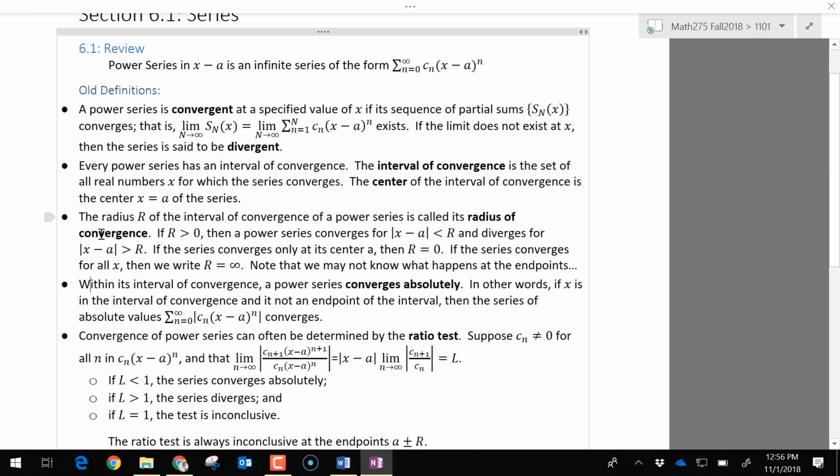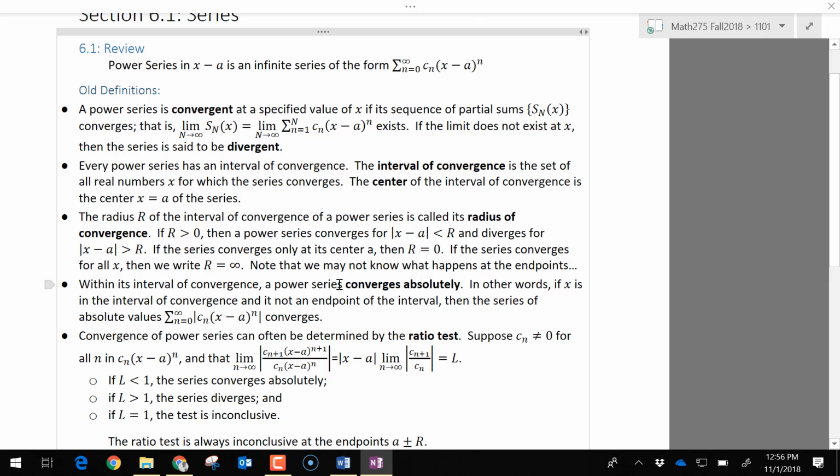So the interval of convergence. The radius of convergence is where this thing converges, and the interval of convergence is basically everything within the radius of convergence. And then the endpoints, we're not sure what's going to happen to those endpoints, so we have to test the endpoints to see if they would actually converge.